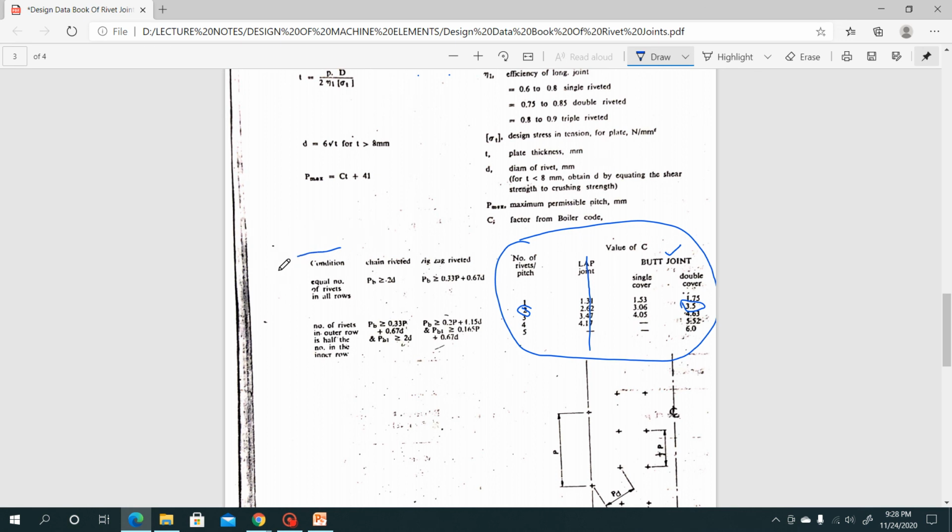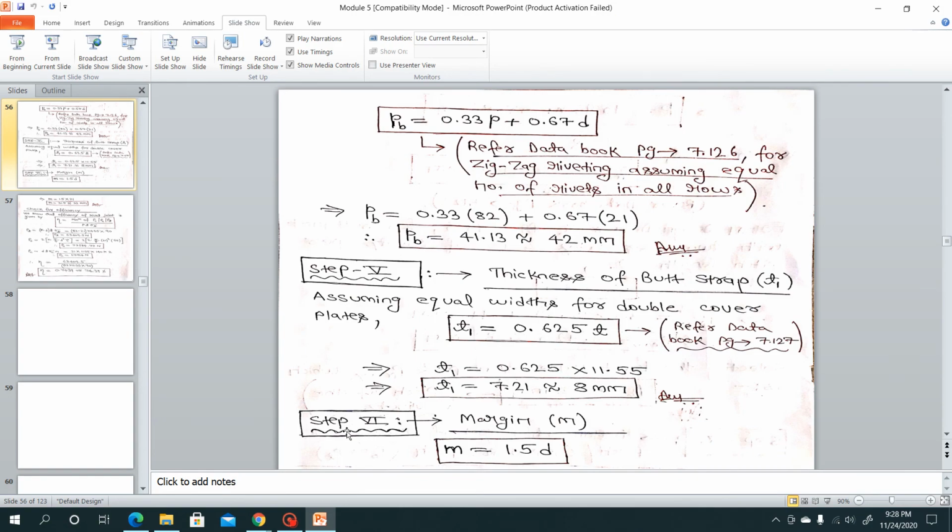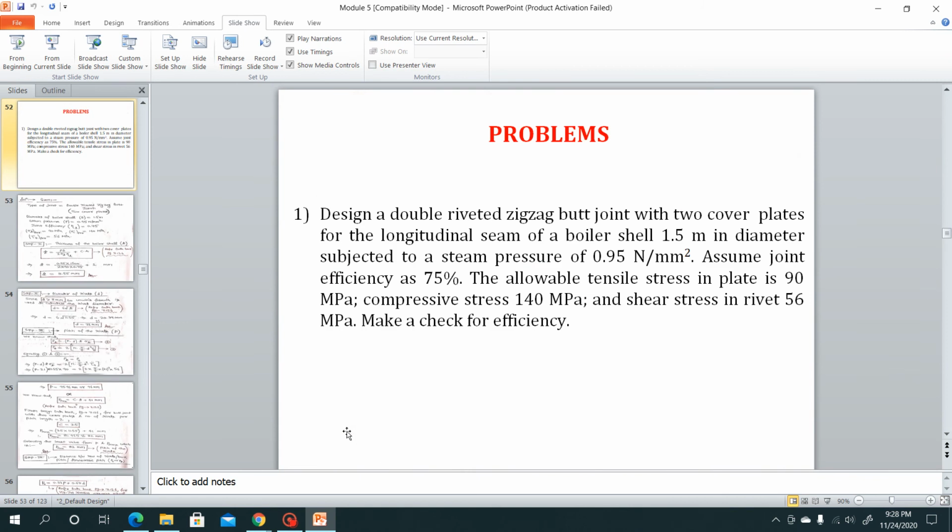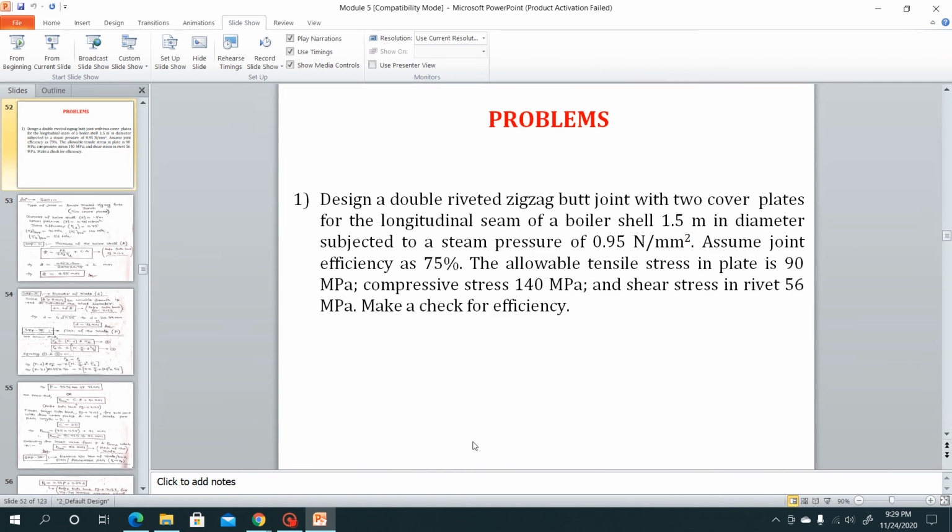This is the table by which I can get the value of back pitch PB or transverse pitch PT. You can see two conditions are available, for chain riveted and for zigzag riveted joint. I have to check my question which type of joint is there, whether chain or zigzag riveted. I can see that it is a zigzag riveted joint.